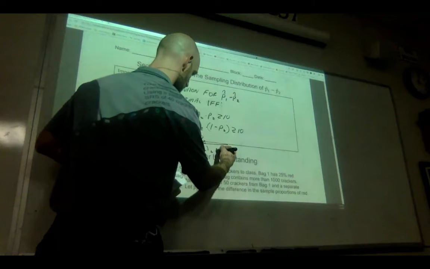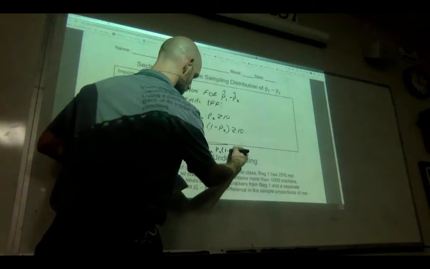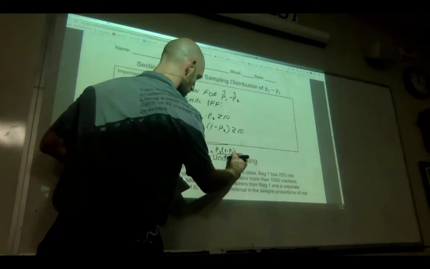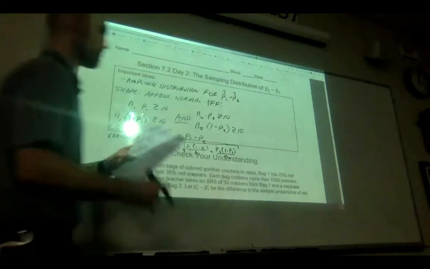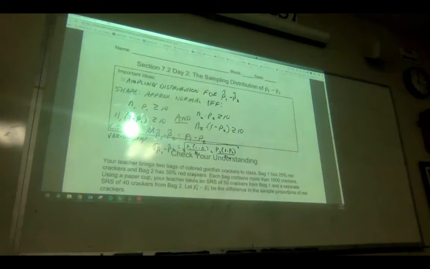Big gigantic square root. So by center, do you mean mean? Is center and mean the same thing? For this one, yes, because we verified approximately normality.